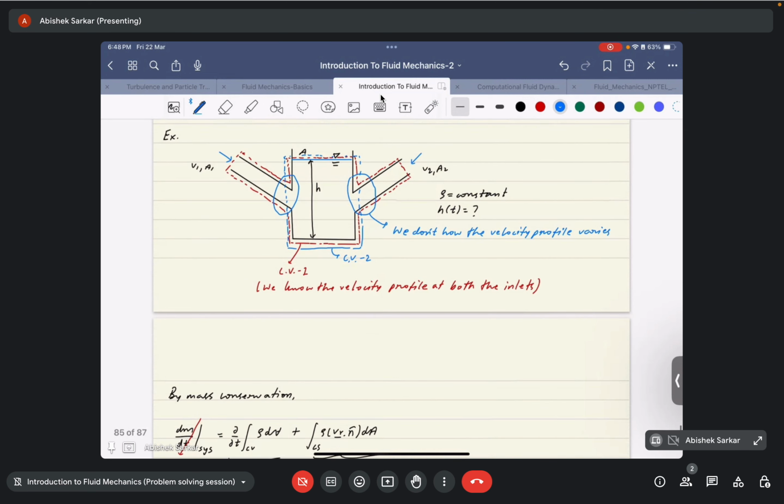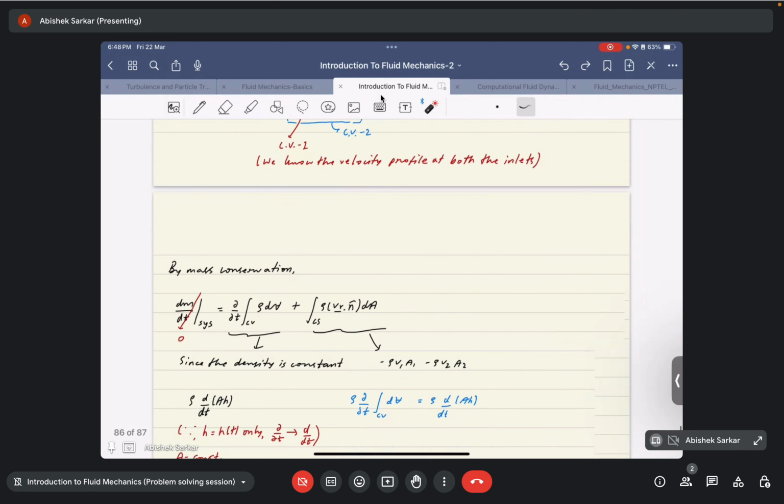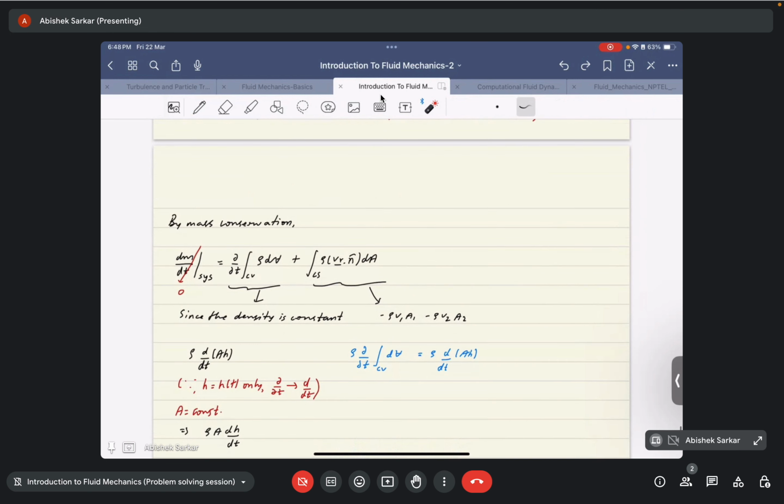The area of the fluid in this container remains constant. So the only parameter that is changing is height, and height is only changing with respect to time. Okay, and we have mentioned that height is only a function of time, and that's why you can convert this partial derivative to a time derivative, a complete derivative.